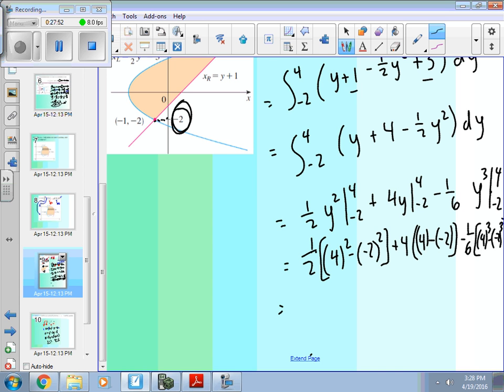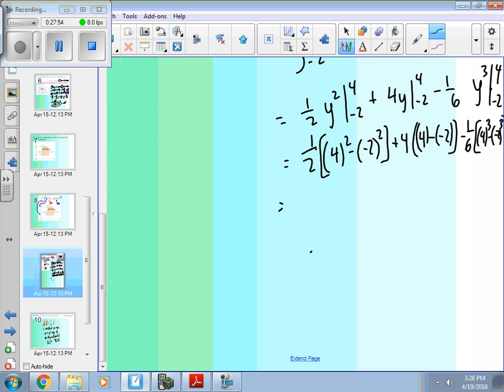Evaluating all this, we should be able to get to our answer. We got half of 16 minus negative 2 squared is going to end up being positive 4 plus 4 times. Here we got minus a negative. That's going to turn into plus. So 4 times 6. And the last one, 4 to the third is 64 minus negative 2 to the third would be negative 8.